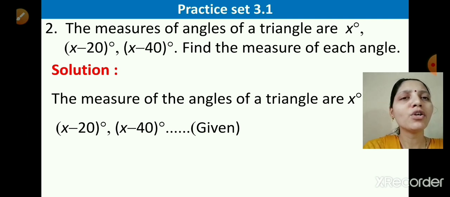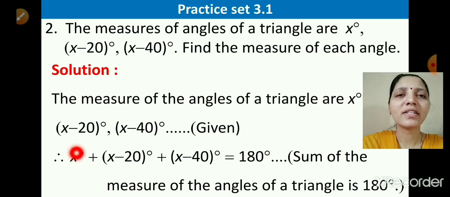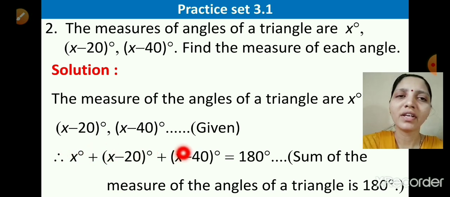So we know that the sum of the measures of all angles of a triangle is 180 degrees. So we can add these three angles. So we will get x degrees plus x minus 20 degrees plus x minus 40 degrees is equal to 180 degrees. The reason you have to write is the triangle property. Now this x and this x and the other x will become 3x.